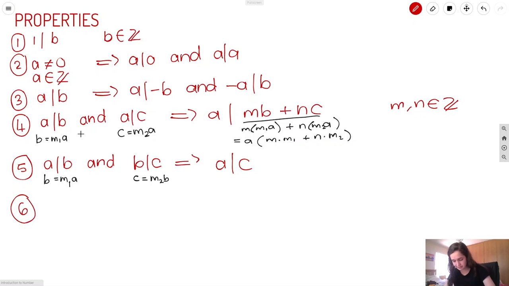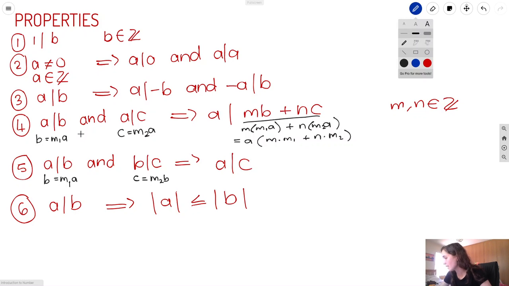The sixth property says that if a divides b, this implies that the absolute value of a will be smaller or equal to the absolute value of b.